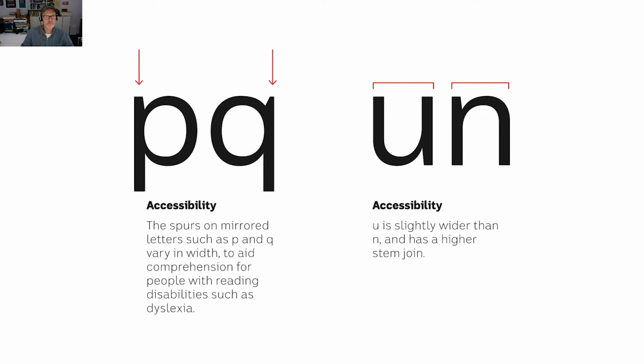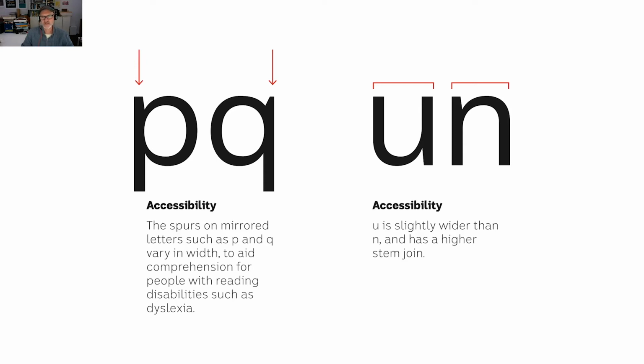So our solution was to produce the spurs on the top of the letters on P and Q, and also B and D at the baseline to make sure that they're a little bit different from each other, to help try and distinguish visually these letters, or find other ways of distinguishing them other than their orientation.